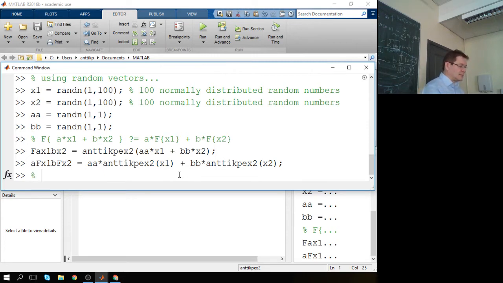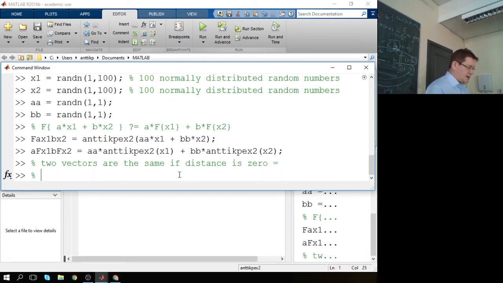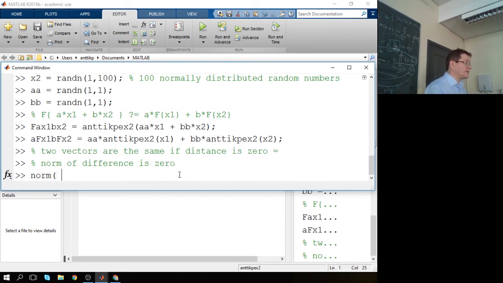So basically, the two vectors are the same if the distance between them is 0, or basically the same as if the norm of the difference is equal to 0, which is the same thing as distance being 0. Okay, so the norm of the difference would be, okay, now I need some help here.